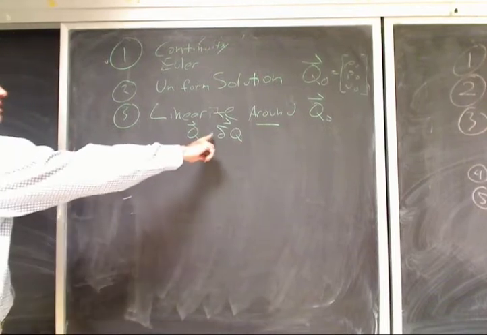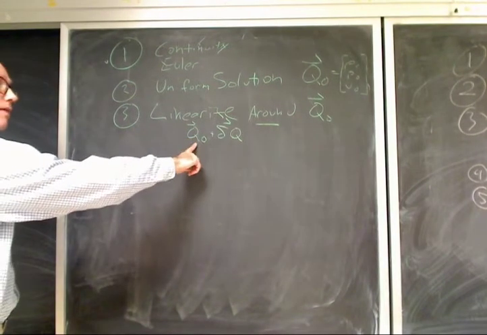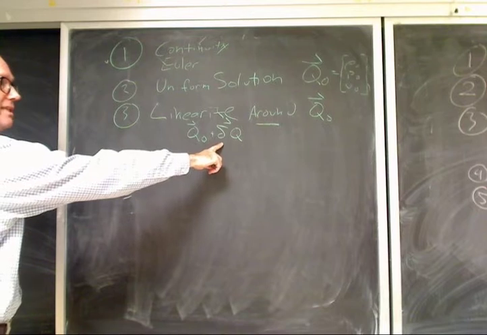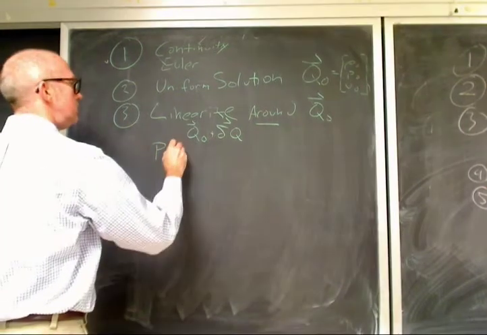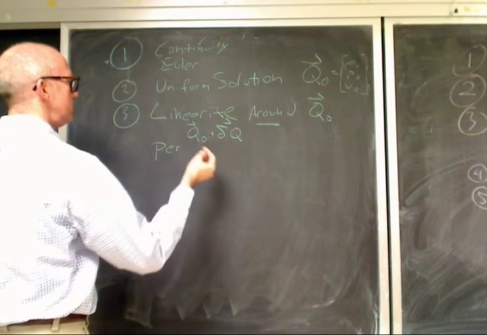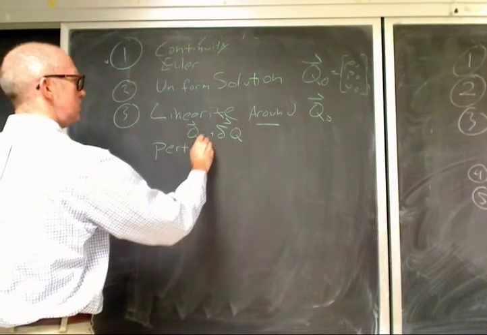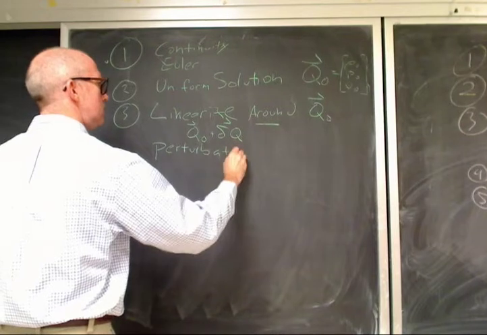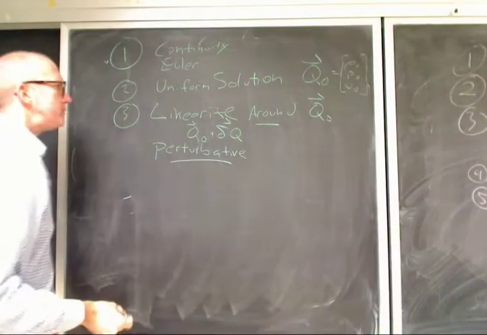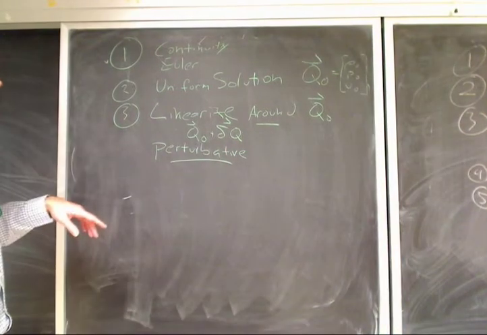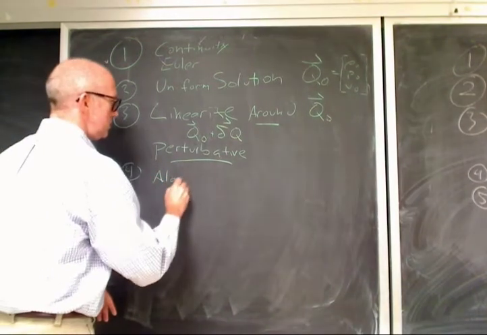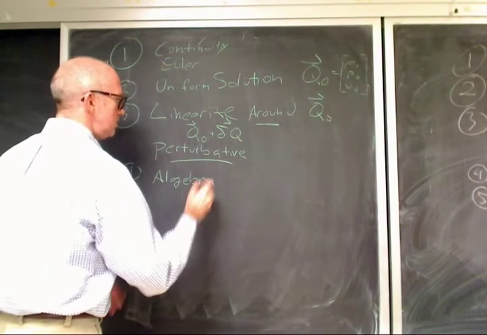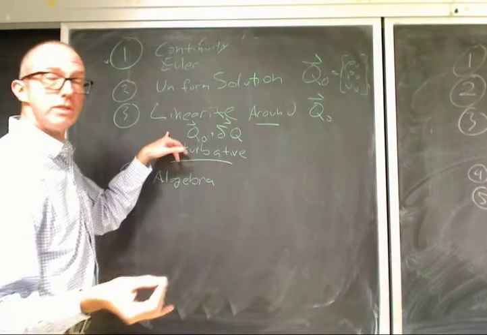So we linearize around Q naught. Q naught is our background solution, and delta Q is little. This is a small perturbation. This is perturbative. How do you spell perturb? Then we do a little bit of algebra to make one equation, because this gives us two equations.